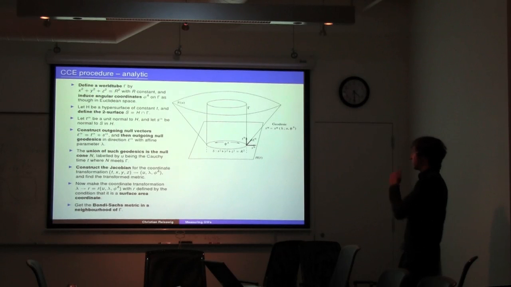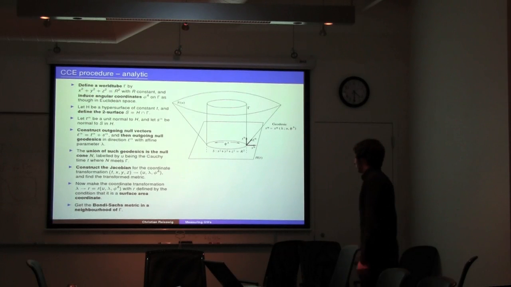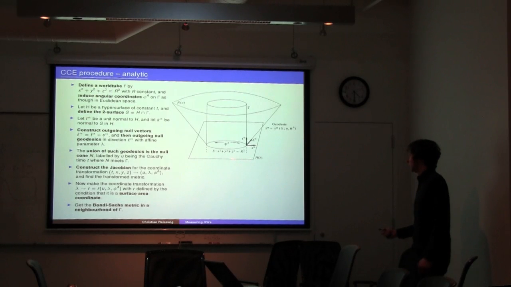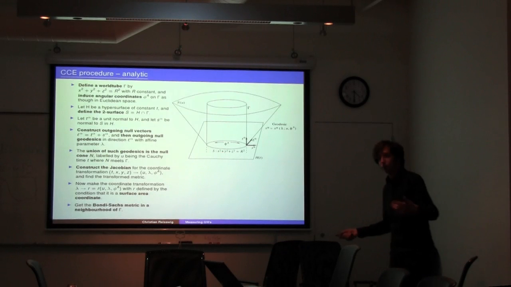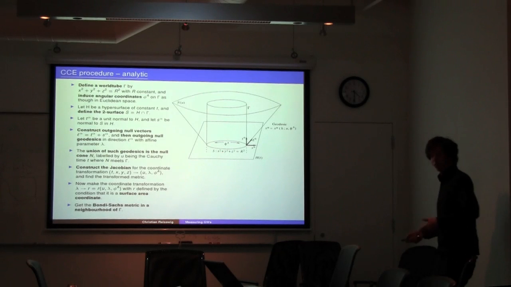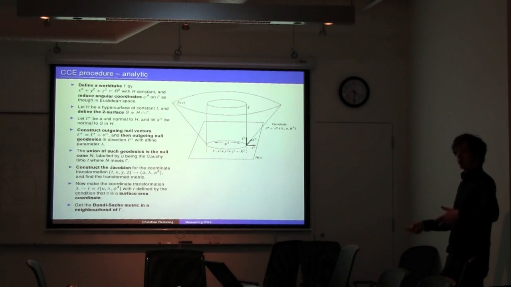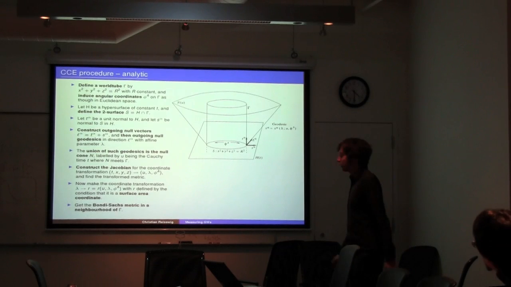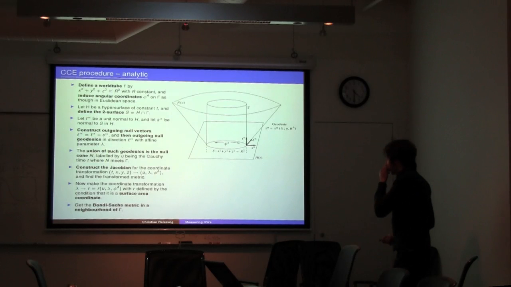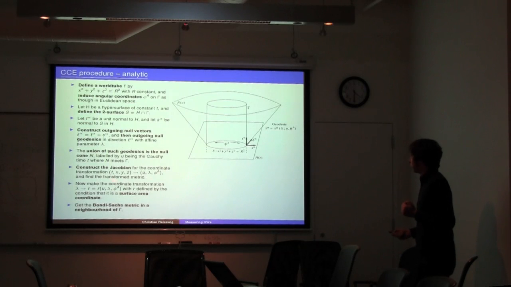And in order to get the metric, so here we have the metric in terms of our ADM variables, we have this 3+1 formalism, but we need to transform it to boundary data in terms of the Bondi metric data, and that can be achieved first by applying Jacobian transformations.